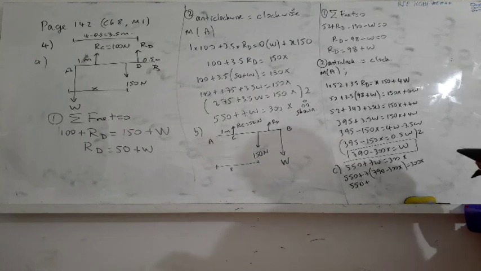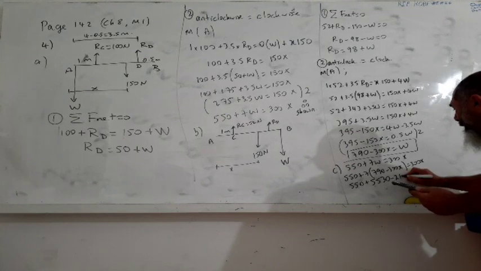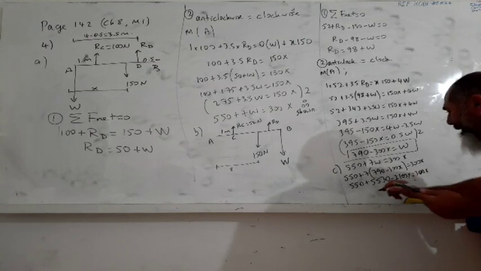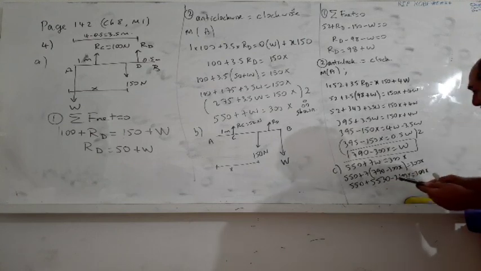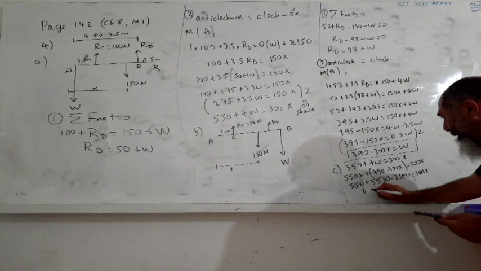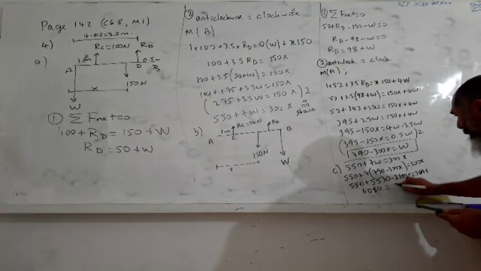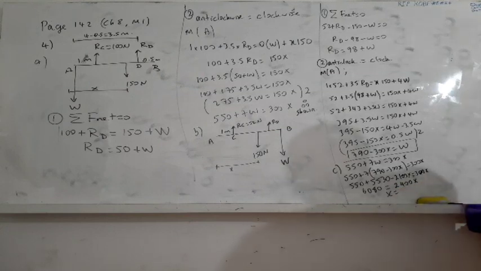Minus 2100X plus 300 is equal to 300X. So let's add these two numbers there. 680 is equal to 2400X. So X is 2.53.